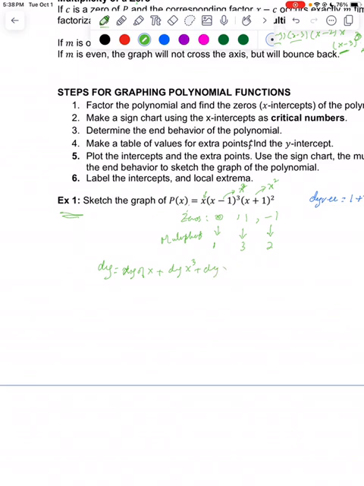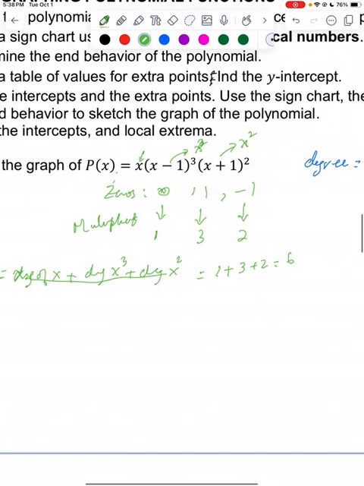Now, what about the lead coefficient? That will be the number that is appearing in front of x. So if we had a number here, we would worry about that, but in this case, that number is 1. Then we raise it to the power. So 1 squared is just 1.